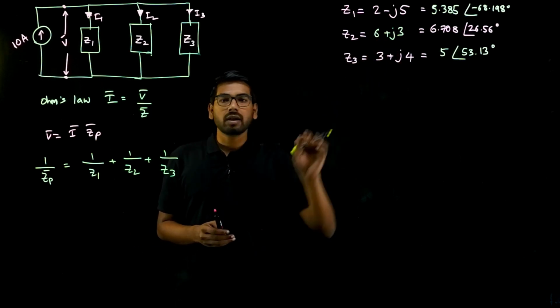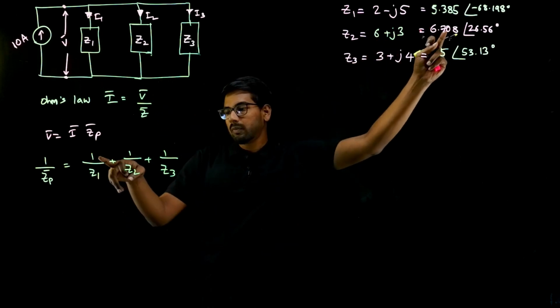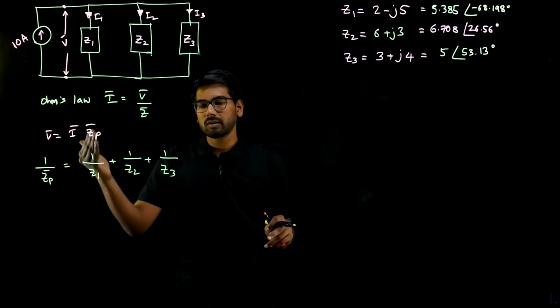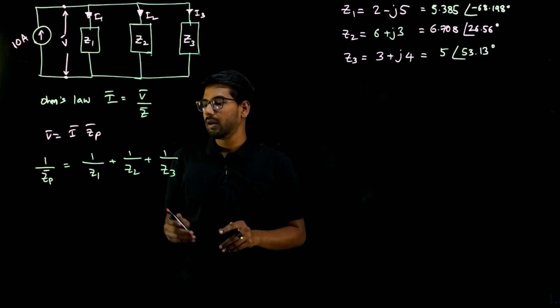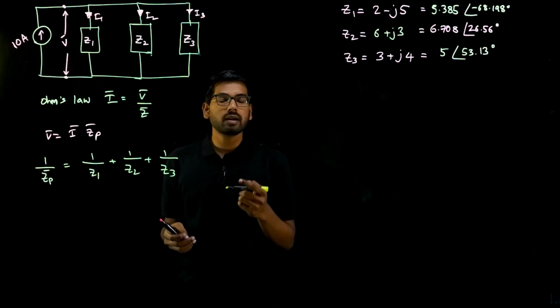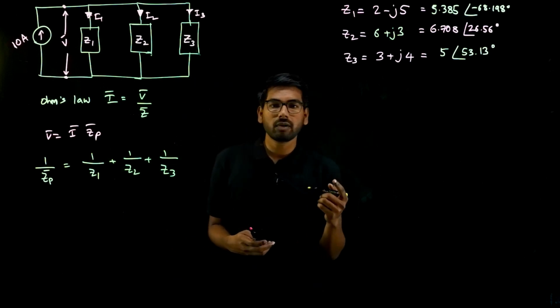Now there are many ways we can continue from here. You can use polar form for 1 by Z1 and then convert that to rectangular form and add these three. What I will do is use a complex number formula.